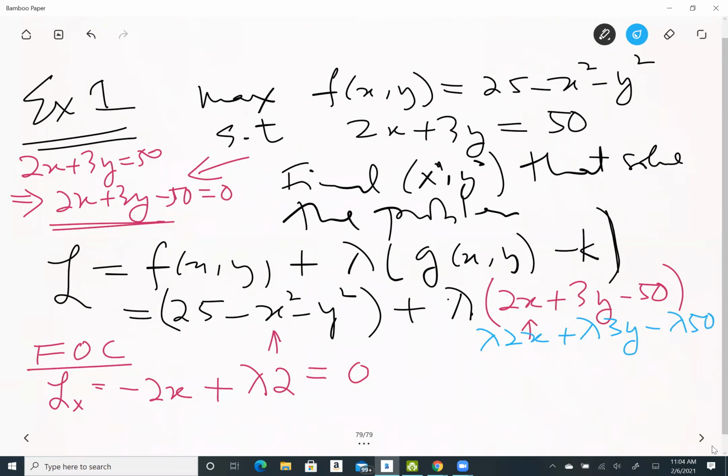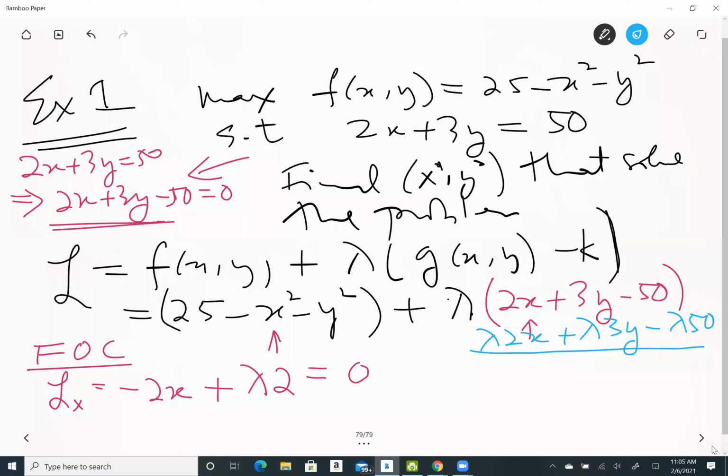Okay, you can do that also, just to make sure that we are not going to mix up. Sometimes you may get confused when you do the derivative of the second part, the constraint. Sometimes you throw out the lambda and just say 2, which is not right. So one way to reduce the problem is to multiply out everything.